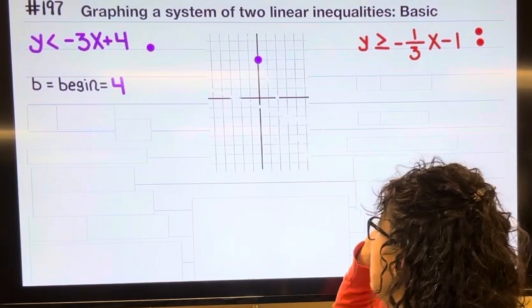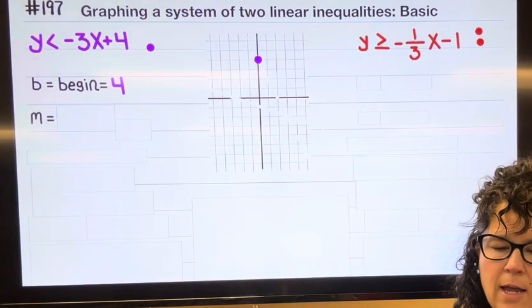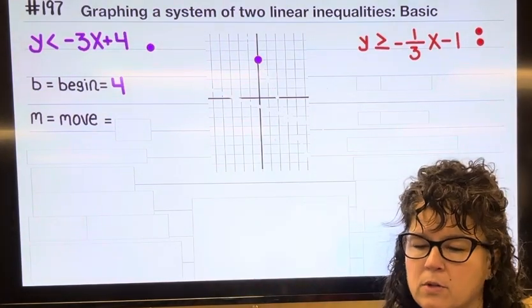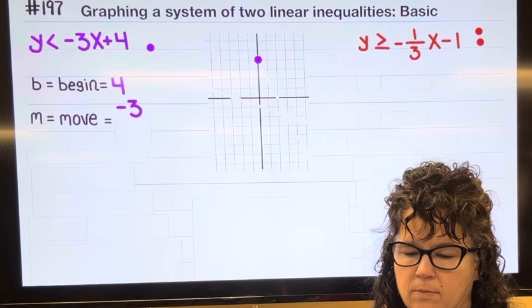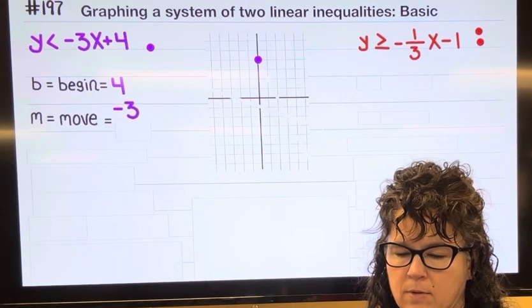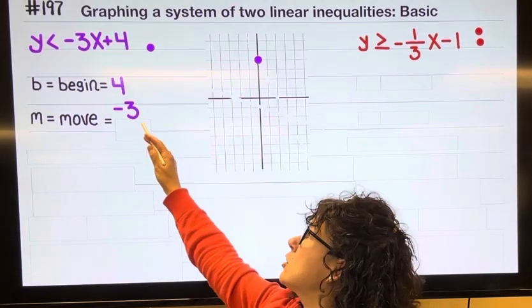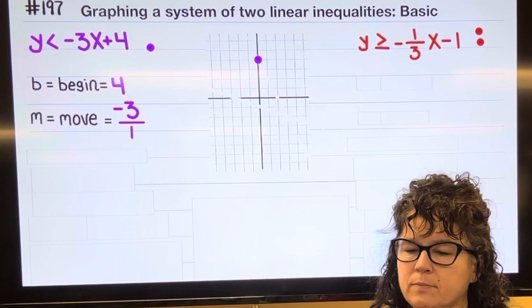Okay, and then I want to move from that point, and the move comes from your slope. So I'm going to grab the slope here. If I want to move, I need this to be a fraction, so I'm going to put -3 over 1.